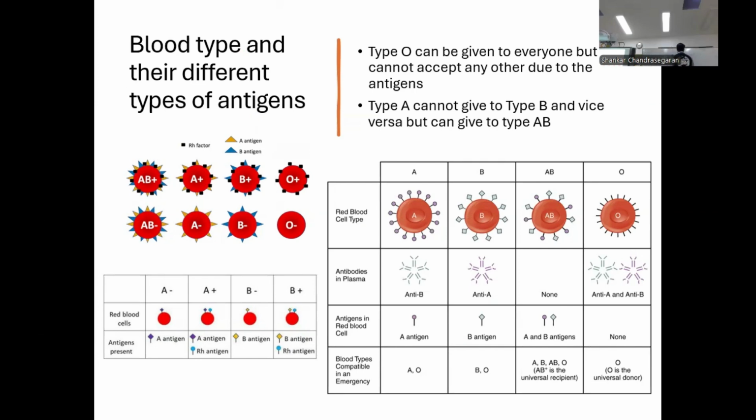Donor O, recipient is AB. So this one does not have an antigen because it's a red blood group of O, and O does not have any antigens present on the surface. This person is donating to AB. So when the blood from donor O goes into the person with AB, their cells will start examining these red blood cells.